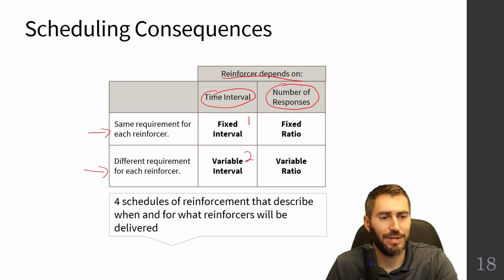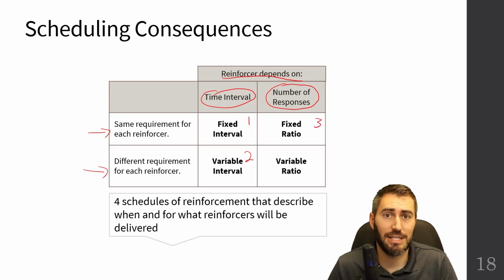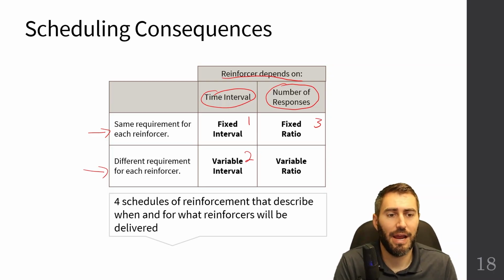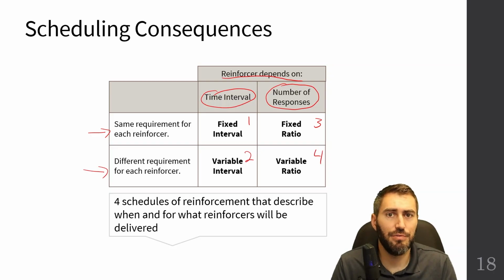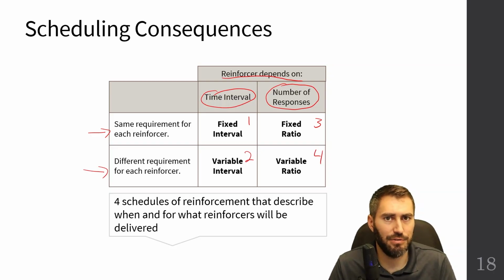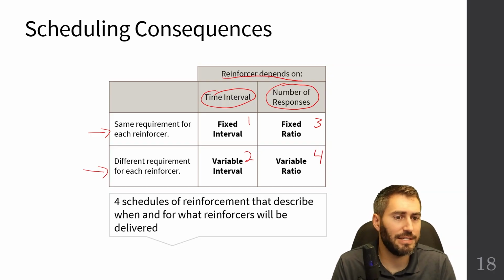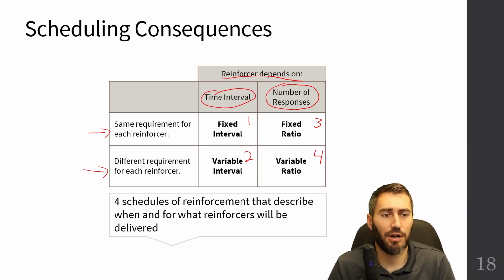On the other hand, maybe it's not about time, but instead about the number of responses that must be made. So say you have to complete 10 of these things before you get a response, and that is fixed at 10 things every time. That would be a fixed ratio. On the other hand, maybe that varies. Sometimes you get a response for every 2 things you do, or every 5 things, or when you do this thing 10 times, you get some consequence.